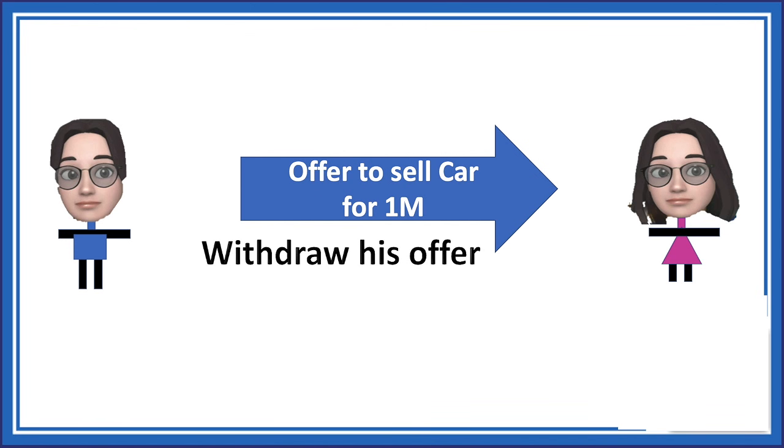Pwede niya bang i-withdraw ang kanyang offer to sell his car for 1 million pesos? Of course. Bakit? Kasi wala pa naman perfection of contract. Kasi wala pang consent, wala pang meeting of minds between the parties. Hindi pa tinatanggap ni Ganda, right? And so, pwede pa talagang umatras si Pogi sa kanyang offer.